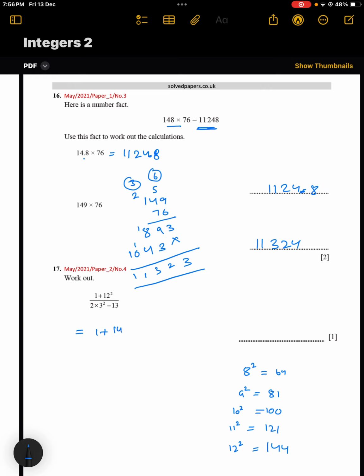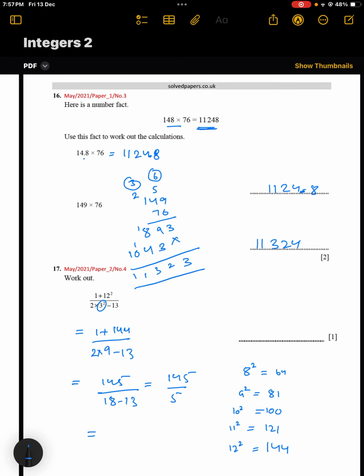So the answer will be 145 divided by 2 times 9. Why 9? Because 3 square is 9, minus 13. This will be 145 divided by 18 minus 13. 18 minus 13 is 5. So this will be 145 divided by 5.